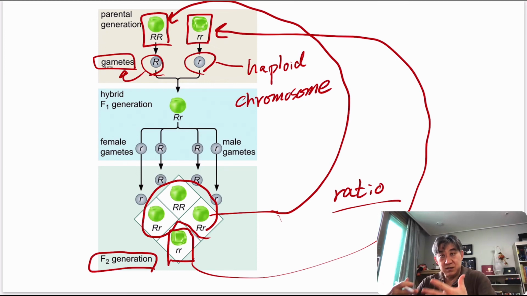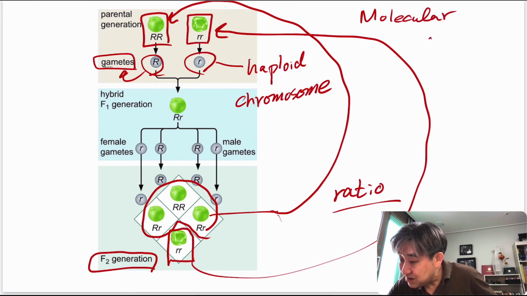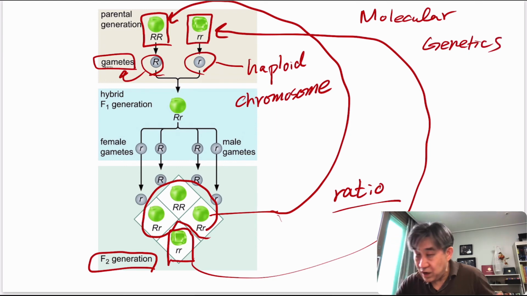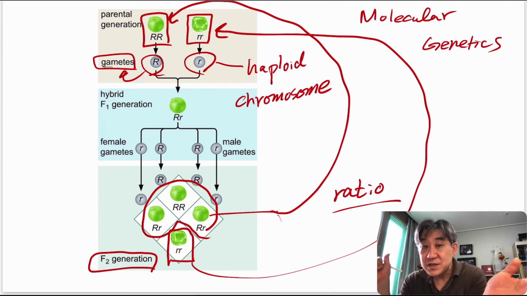So this is the basic concept of genetics Mendel figured out, and that was a really remarkable job, which was the start of genetics. This was classical genetics, but these days genetics has been largely taken over by so-called molecular genetics, where people understand the actual nature of the whole gene interaction based upon DNA and actual DNA sequences and all variations like that.